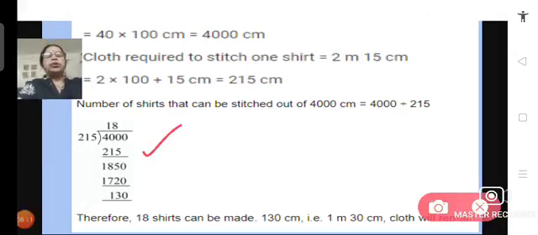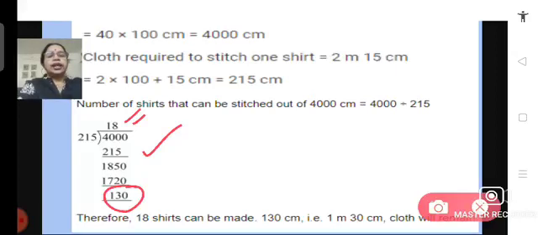When we divide 4000 by 215, what do we get? We get 18 as the quotient and 130 is the remainder. That means 18 shirts can be stitched out of this cloth of 4000 centimeters, each shirt requiring 215 centimeters.